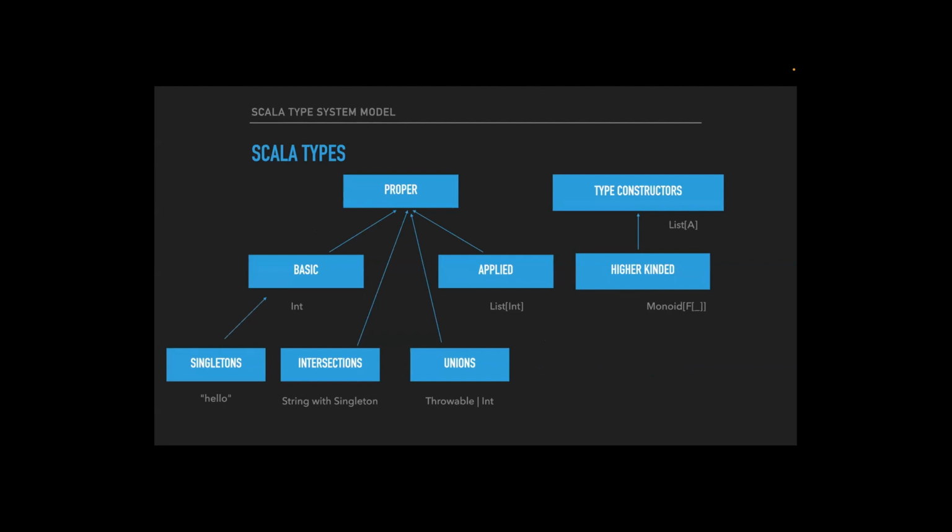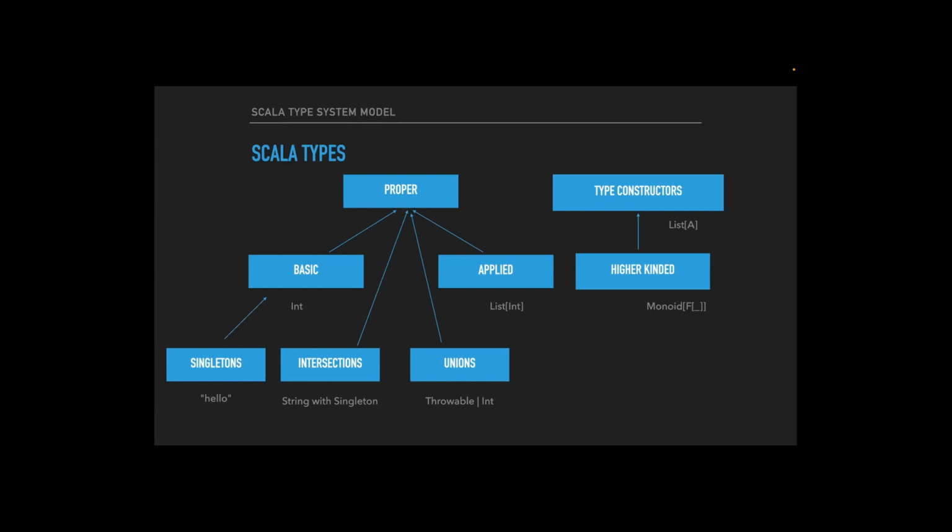And there are many classes of types, and this is kind of a joke. So the most important of these classes are proper types. Proper types describe values which may exist at program runtime, like an integer, a string, or a list of integers.